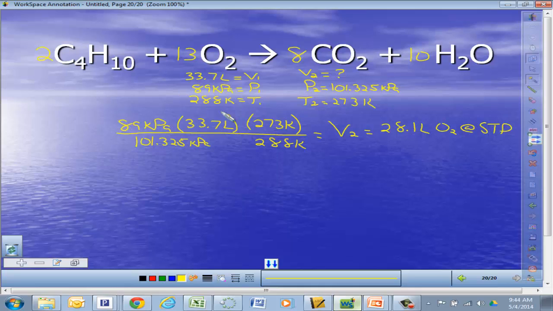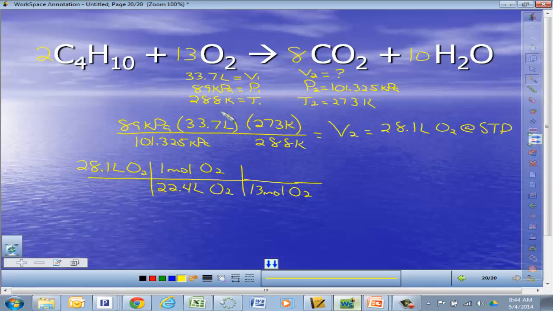Now this allows me to solve the problem. 28.1 liters of oxygen. Again, that's an STP number, so I can use it. 22.4 liters of oxygen, that's 1 mole of oxygen. 13 moles of O2, and again the question said how much C4H10 is going to end up being needed.